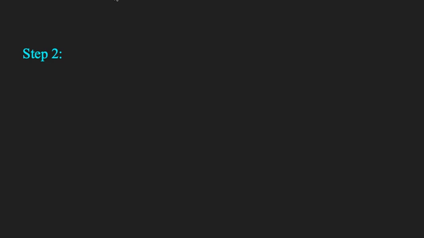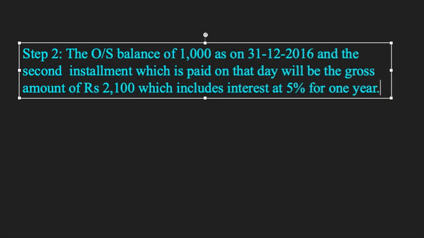1100. So the gross amount is how much? 1100 plus 1000. Fine. And this is equal to 2100, but it includes the interest of 5% for the 1 year. For that particular year, it includes the interest rate of how much? 5%. Let us do it. So this is what it is here.